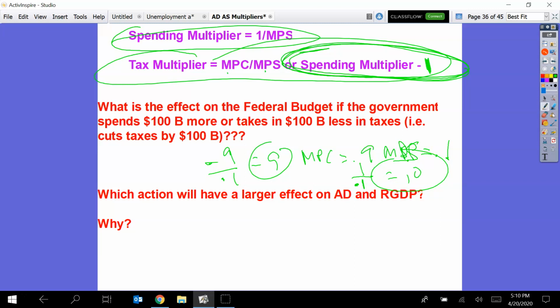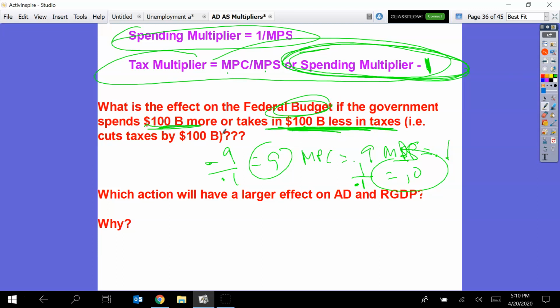Now the cool thing about this is it allows the government to enact expansionary policy without actually busting their budget wide open. So follow this example. It says, what is the effect on the federal budget if the government spends $100 billion more or takes in $100 billion less in taxes?